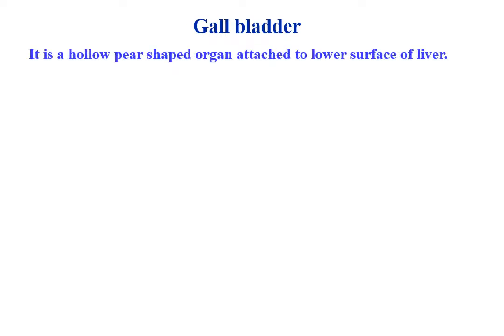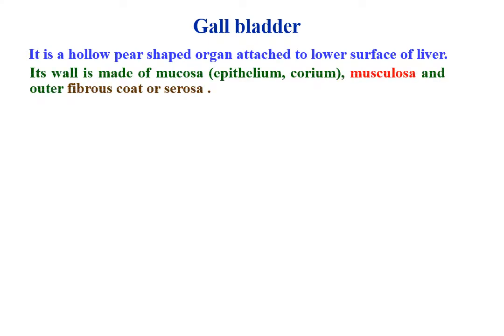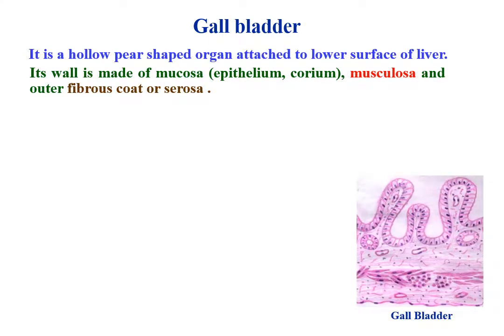Gallbladder. It is a hollow, pear-shaped organ attached to the lower surface of the liver. Its wall is made of mucosa formed of epithelium and chorion, musculosa, and outer fibrous coat or serosa. Mucosa.